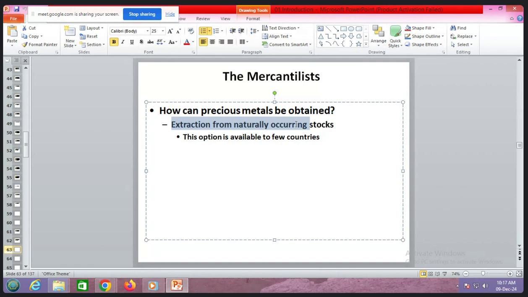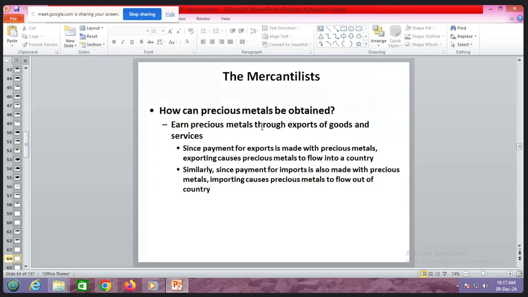So extraction of naturally occurring stocks of any minerals or metals is geography specific. It does not occur in all nations. Does it mean that those countries which don't have these resources are going to remain poor? No. The precious metals need not be naturally available. You can get them through export of goods and services.